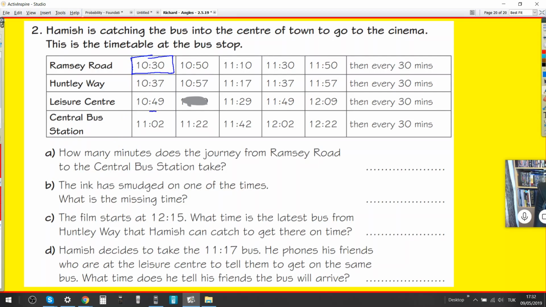Well, we can add on an extra 30 minutes to 10:30 to get us to 11 o'clock. Then we can add on 2 minutes, so it's 32 minutes.